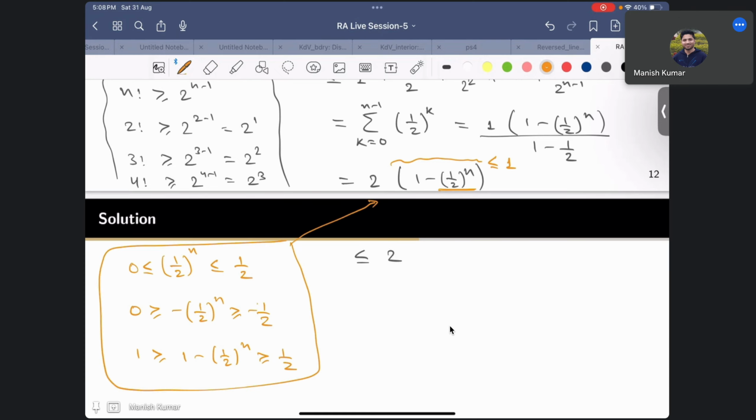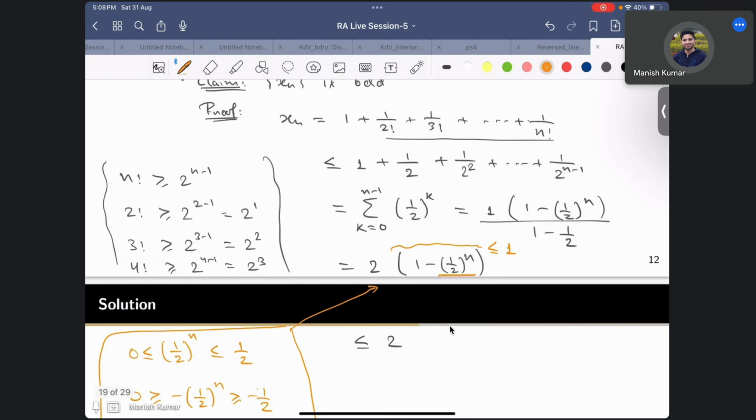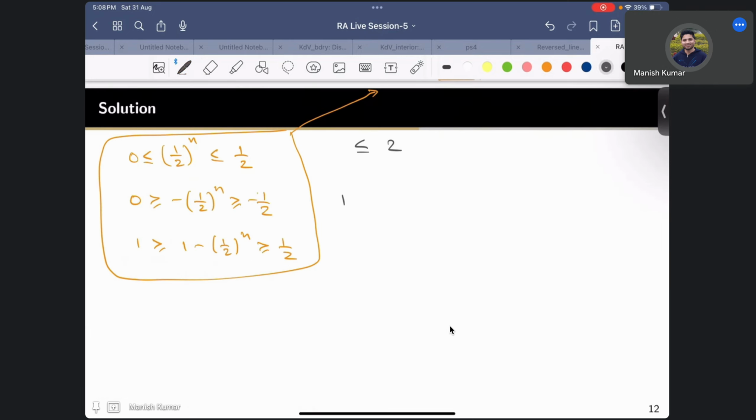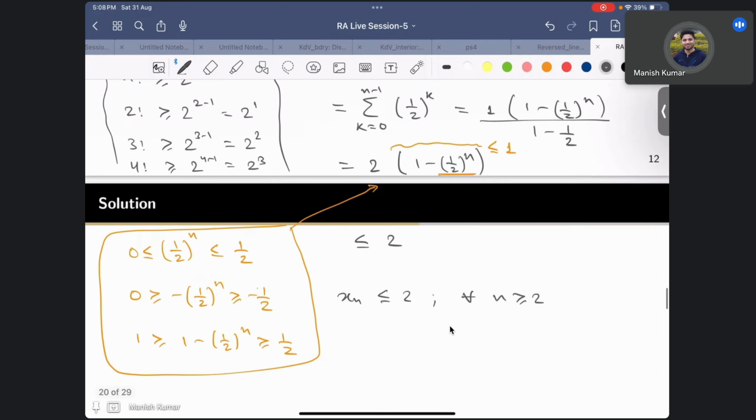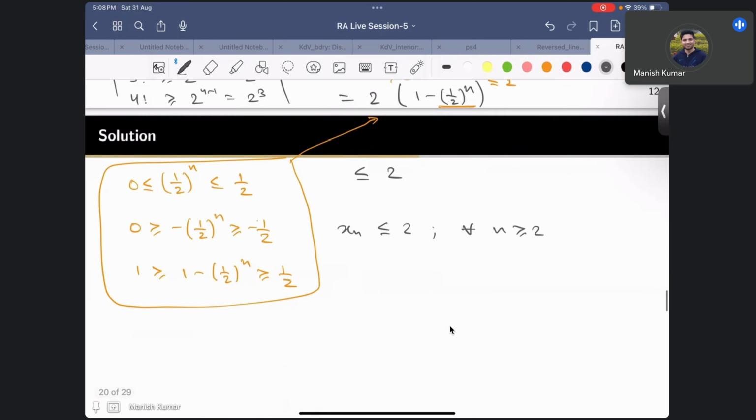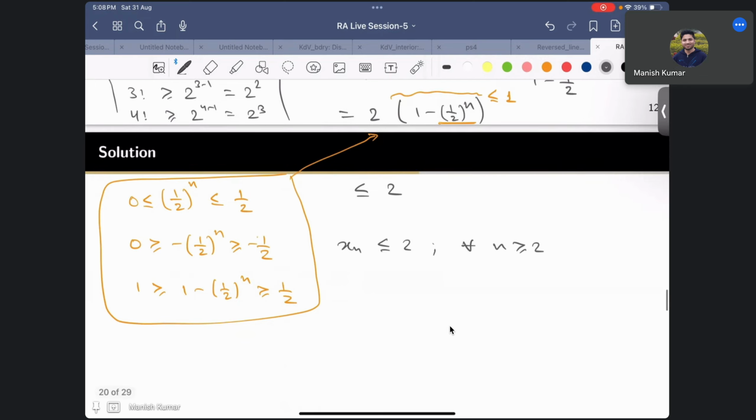So this is less than or equal to 2, and this tells me that the sequence xn is less than or equal to 2 for all n greater than or equal to 2, because I have used this fact here. But anyway, x1 is just 1, so there is no issue. This is true for all n greater than or equal to 1.